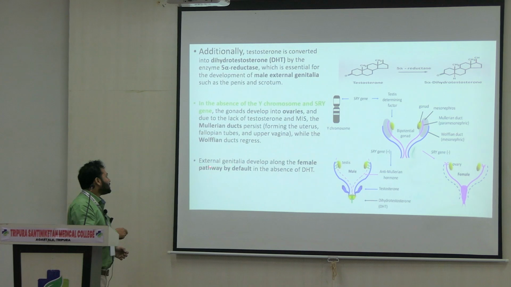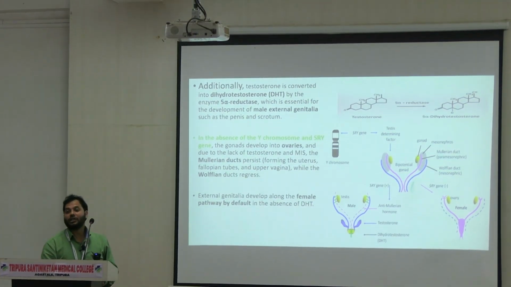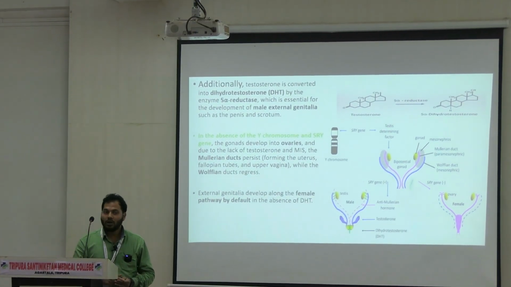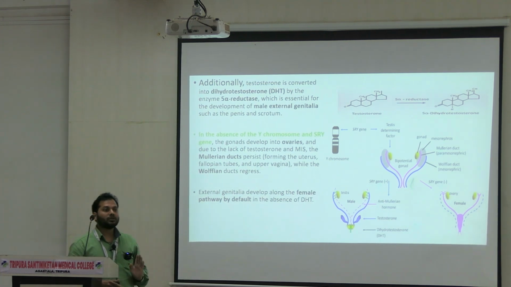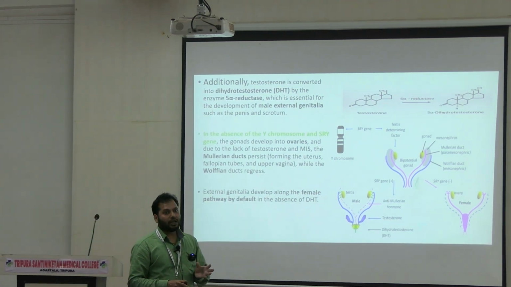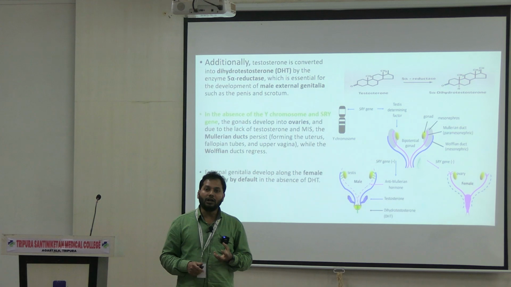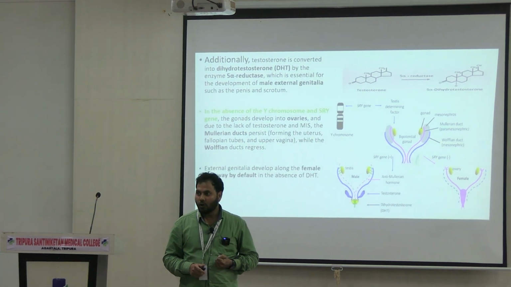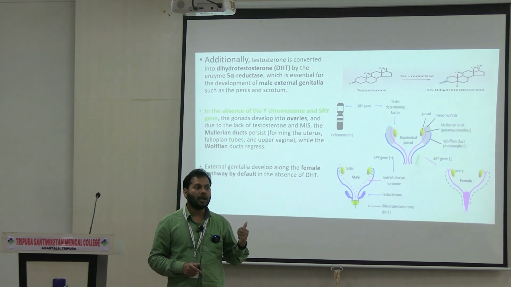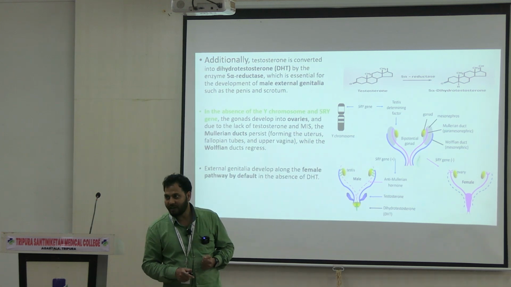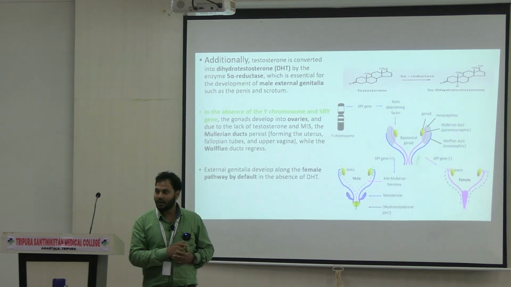Another important point here is the development of external genitalia in the female. In the previous case, the external genitalia of the male depends on the availability of dihydrotestosterone, which is produced from testosterone in the presence of the enzyme 5-alpha reductase, right?